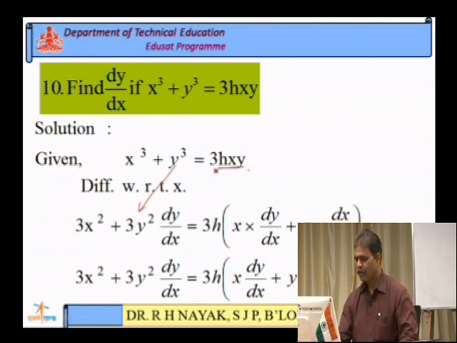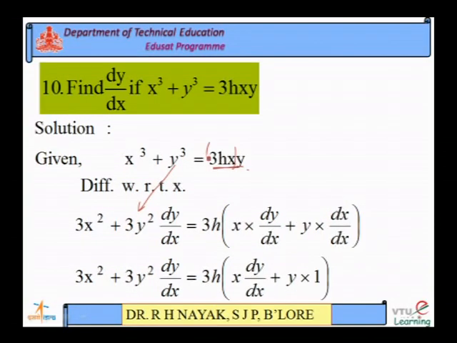You do one thing: take this up to x as u and this as v, product rule. Or you take 3h outside and make u as x and v as y.